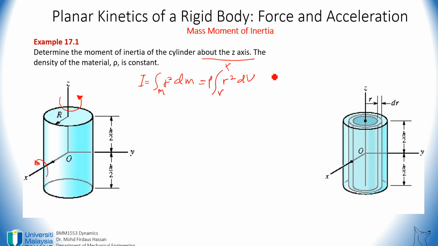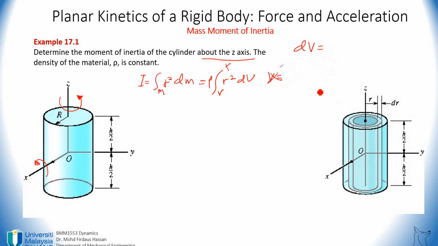And then we know that v is what? V is the volume. For the shell element, what's the volume? Or instead of volume, we put dv, the change of the volume. Now I will explain to you.